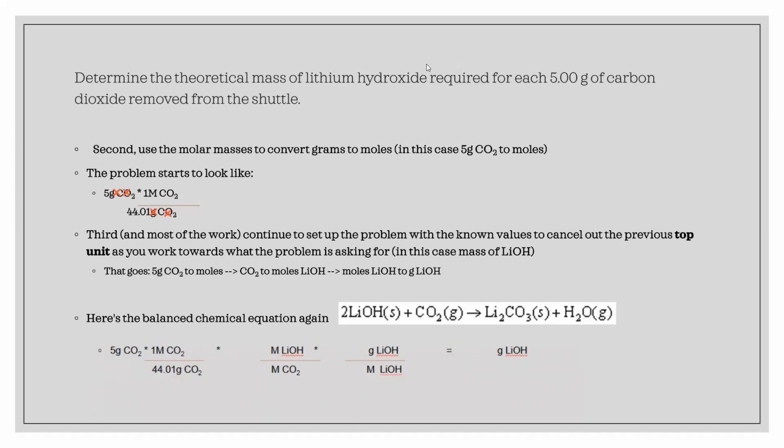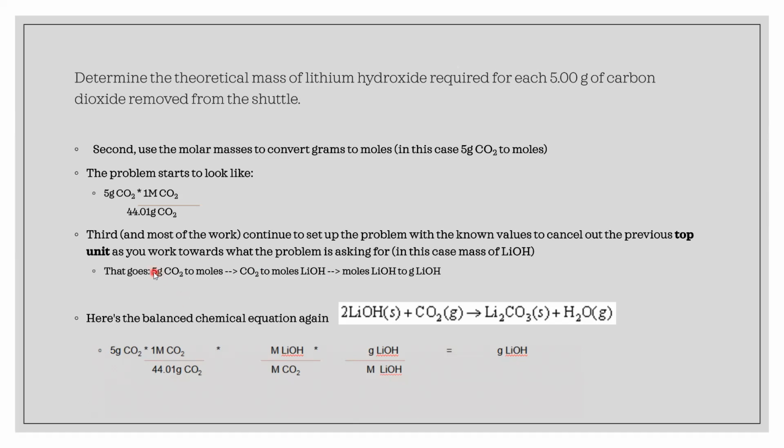So what I do, and this is most of the work that we do in stoichiometry, is just continuing to set up the problem. We're not hitting equals. We're not doing any math. I promise this seems weird at first, but you guys are going to really enjoy doing the setup, and it's just putting together a bunch of fractions.